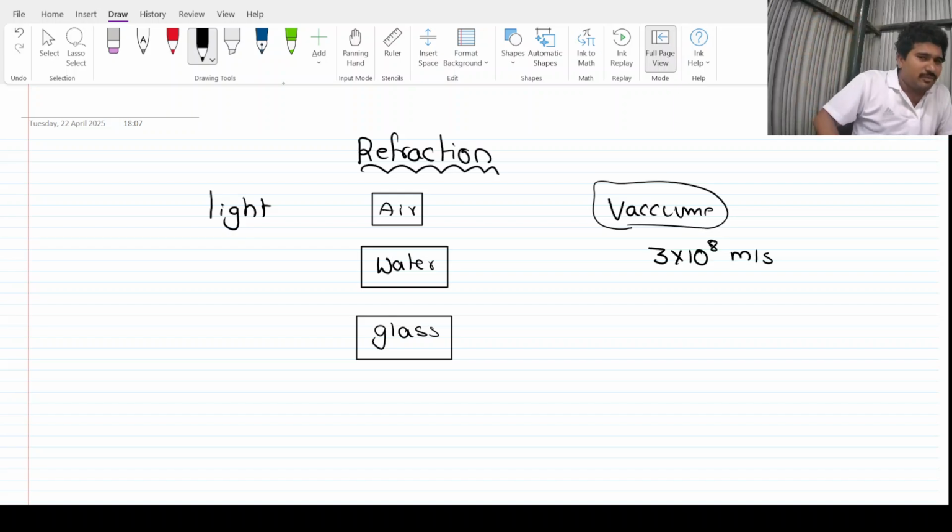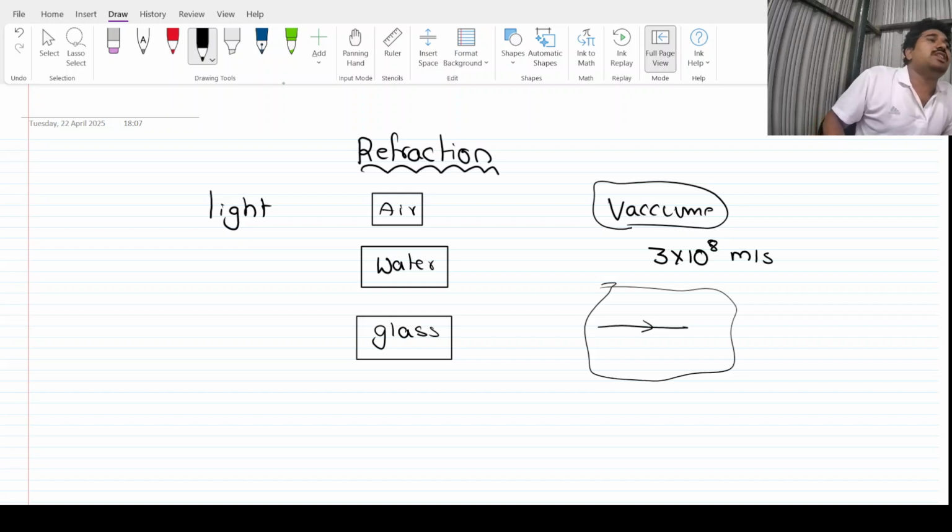If air is there and light is traveling inside the air, its speed is a little bit less than 3 into 10 power 8. How much might it be? 2.99 into 10 power 8 meter per second. Only slightly less. That's why we generally take it as equal to the speed of light in vacuum.